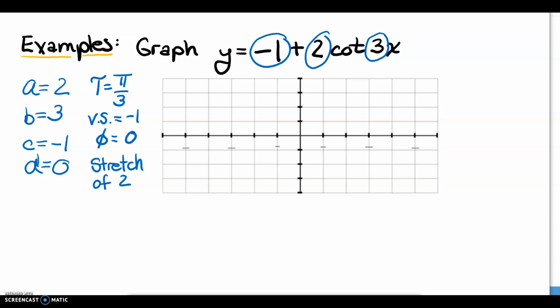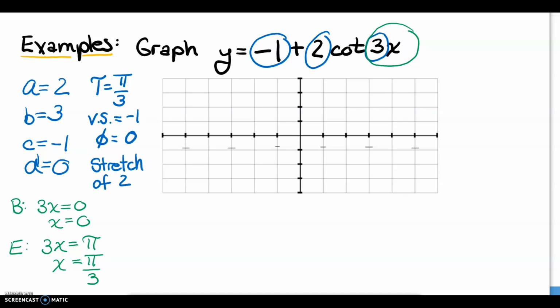All right, so now let's go ahead and calculate our begin and end points. I'll do that in green. For our begin, we're going to set everything that we're taking the cotangent of, 3x, equal to 0 and solve for x. And then for the end, we're going to set that equal to pi, divide by 3, and we get pi over 3.